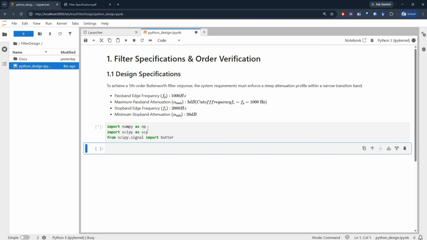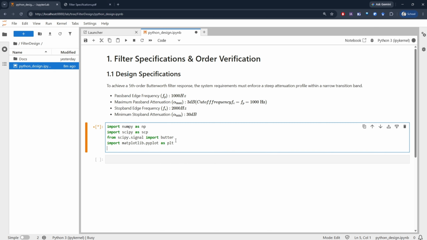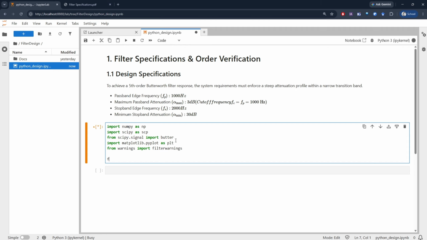Then I'm going to import matplotlib.pyplot as plt. I'm going to import warnings, from warnings import filter warnings. Then I'm going to say filter warnings.